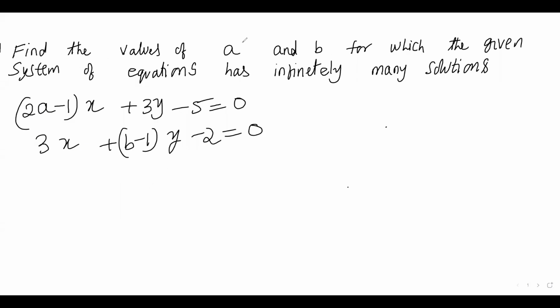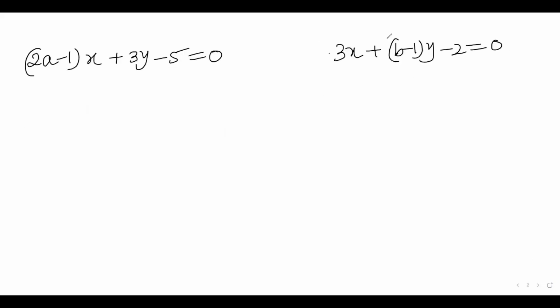So he is asking us to find A and B values, and the system of equations have infinitely many solutions. First of all, let us write the given equations. In the next page, I have taken both the given equations. Now they are in proper order, no need to transpose.